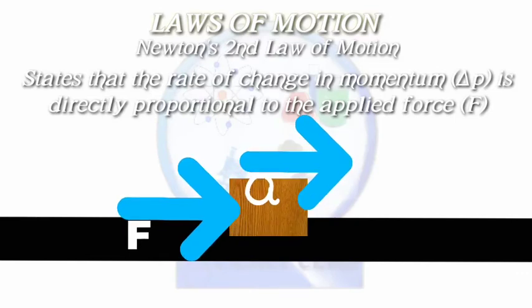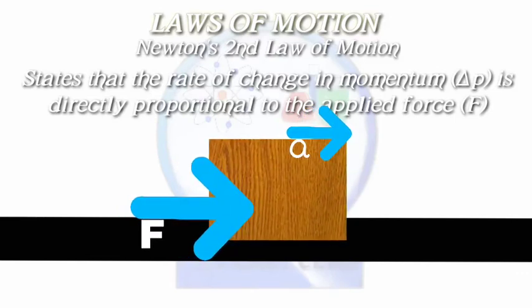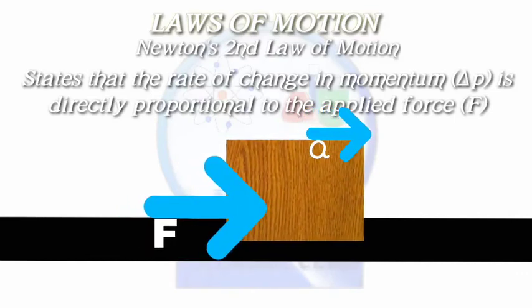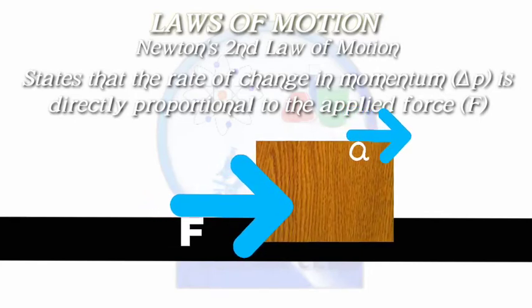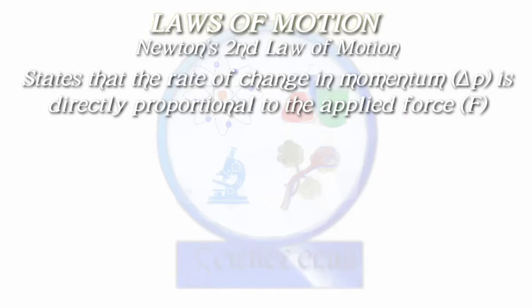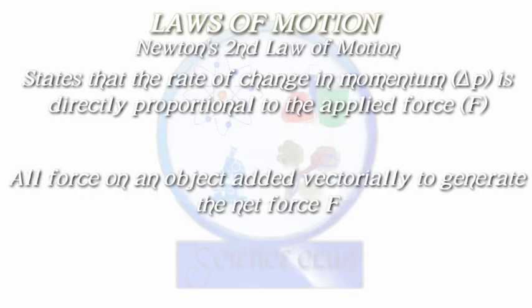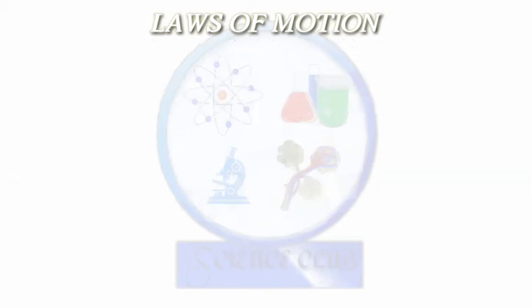Experiment shows that the greater the mass of an object, the less that object accelerates under the action of a given applied force. Mass is that property of an object that specifies how much resistance an object exhibits to change in its velocity. Note that ma is not a force. All forces on an object are added vectorially to generate the net force.